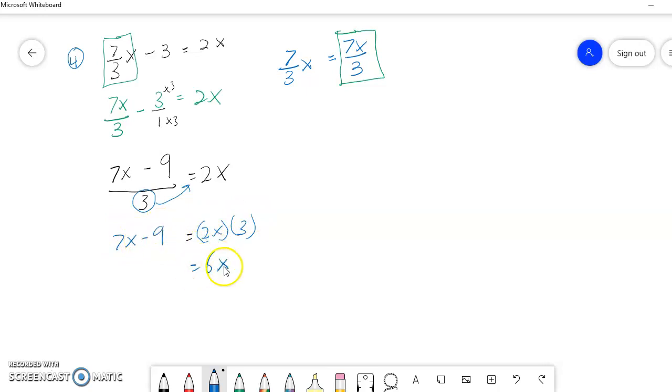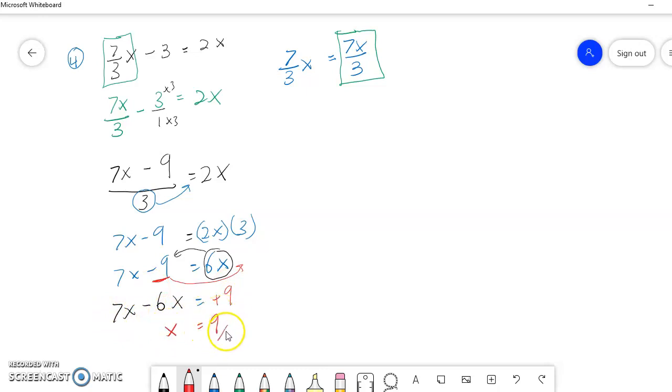Here's a 6x after you multiply this. Then we gather the x on one side. This 6x, if moved to the opposite side, becomes negative 6x. This negative 9 moved to the opposite side becomes plus 9. So you can solve this: x equals 9. This is your answer.